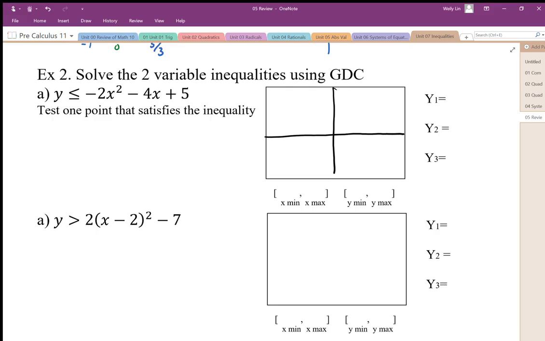If I'm going to graph this, I end up with -2x squared minus 4x plus 5. So our graph is going to be an upside down parabola, and I'm going to draw it with a solid line. The vertex is going to be around here.